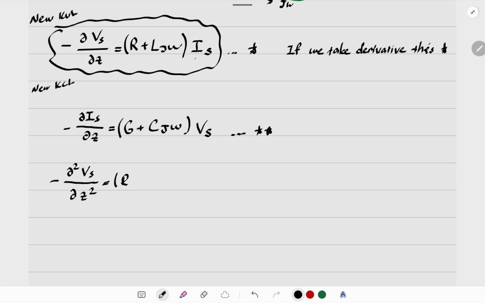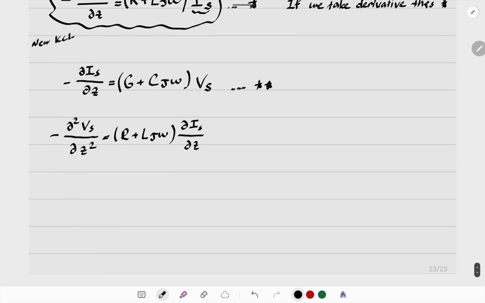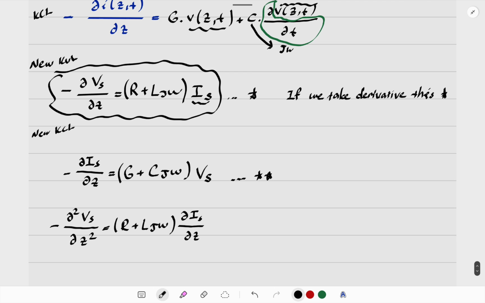On the right side, we have R times L j omega, and I is also related to z and t. Let's remember that, and it can be differentiated. You can use the derivative operation on it, and this is also del I over del z in here. So let's also take the derivative of this one as well. I'm sorry, let's redraw it like this.